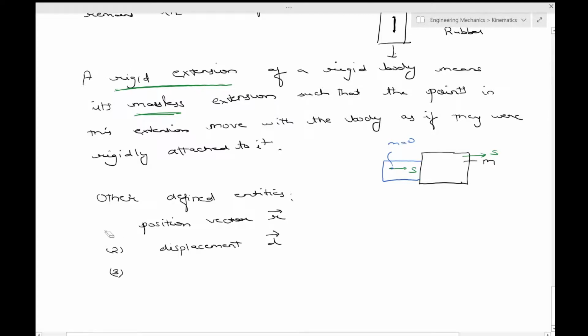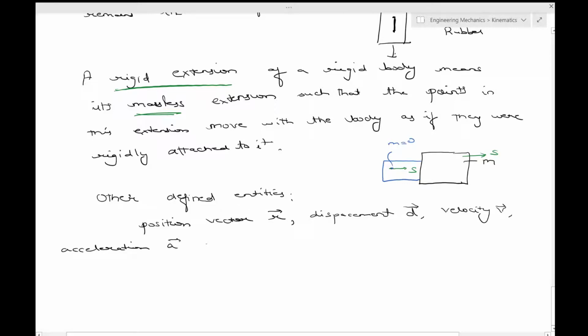Actually, I should stop putting a number, there are so many, so I should instead use a comma. So position vector, we'll define all of them as we move along. Then you have displacement, we have the velocity, acceleration, of a point.